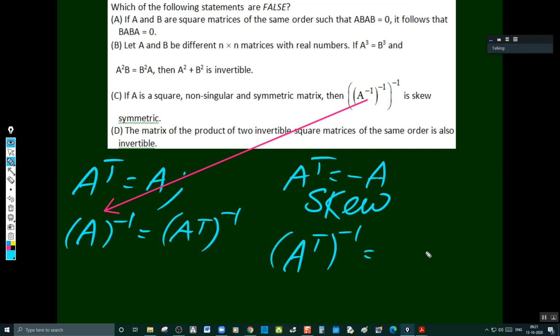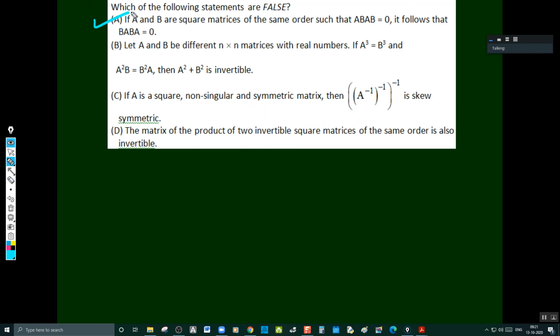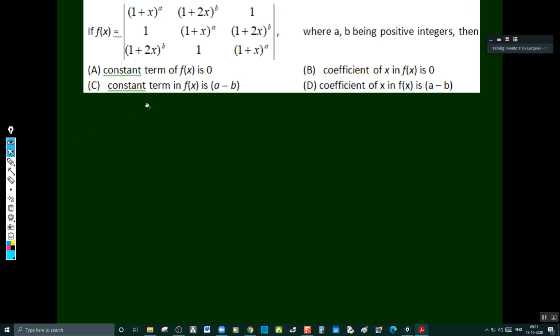It happens here because it is given to be symmetric. That is the reason why it will never become a skew symmetric matrix, and C is also a wrong statement, but D is the right statement. So you'll have A, B, and C as the options. Let's move on to the next question, please. F of x is given where A, B being positive integers.